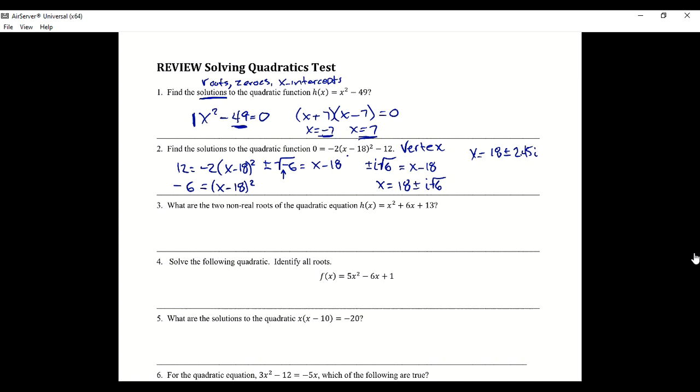Now, this tells us that if we were to try to do this on the calculator, we would get a parabola that does not cross the x-axis. And so we would have to use either the algebraic method we just did or the quadratic formula to find the solutions.